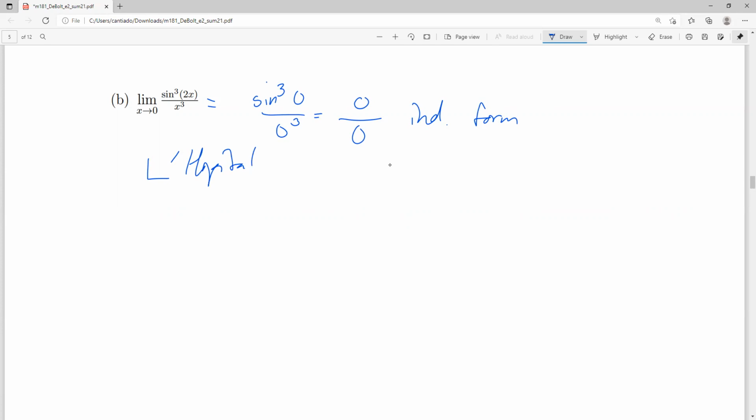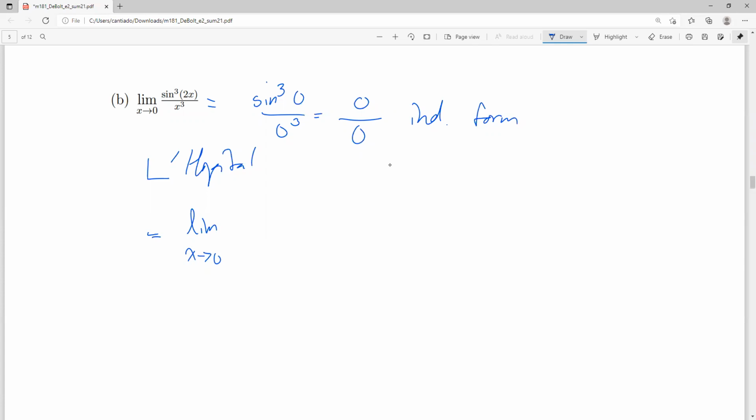So what's the derivative of sine cubed? Well, let's figure that out. The derivative of sine cubed is, again, another chain rule sort of thing.